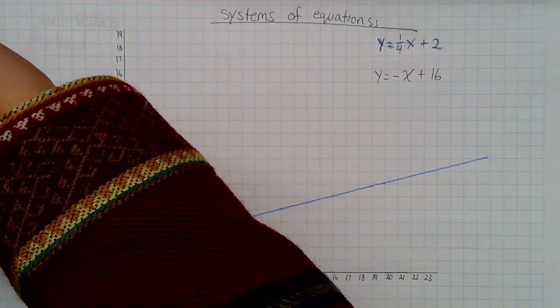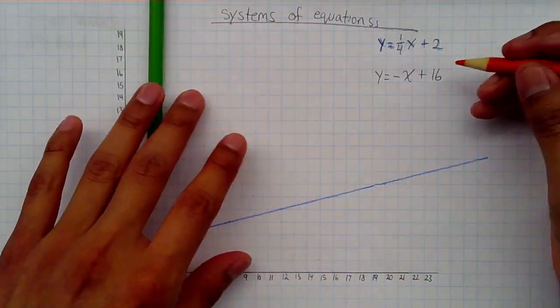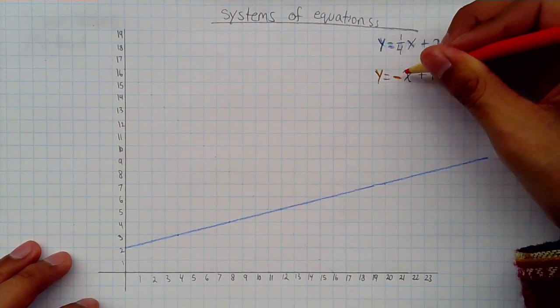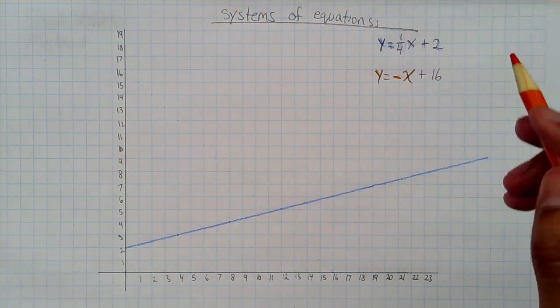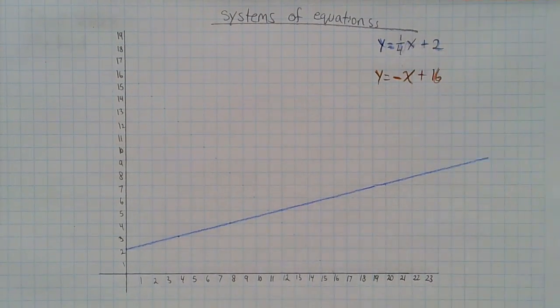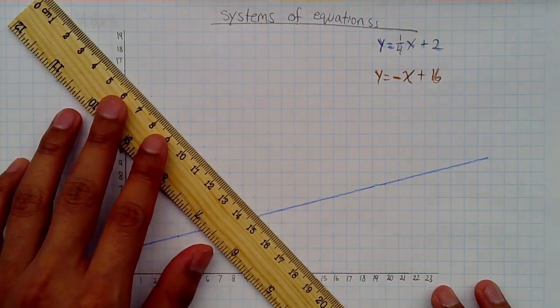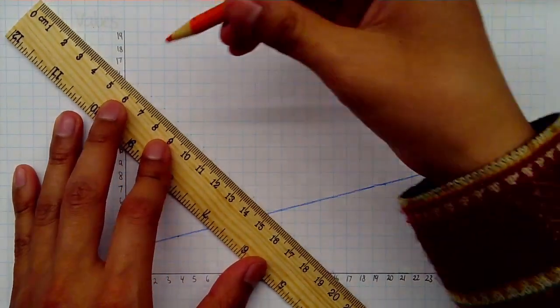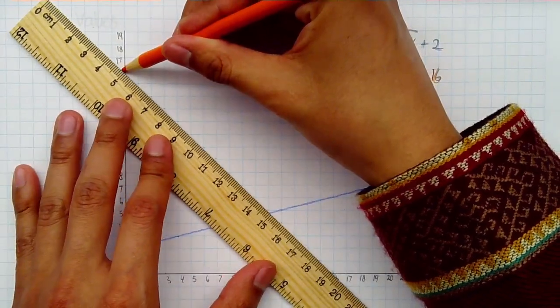My next equation, I'm going to highlight in orange because it's my favorite color. Because there's a negative in front of the x, it's going to have a negative slope going down. I've already pre-shaded the dots because I put a lot of effort into doing things once.